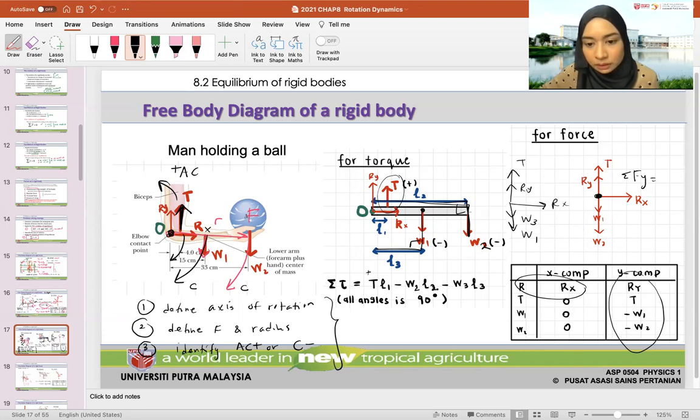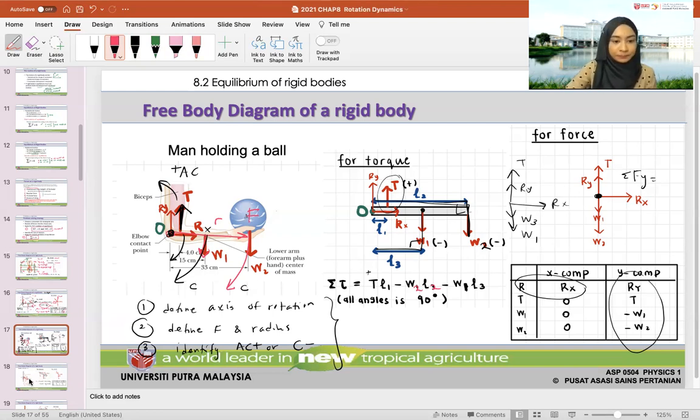W2, L2. W1, L3. This one. Okay. Let me try this. Right? W1, L3. W2, L2. Tension with L1. Okay, correct now. So there's a small mistake here. Sorry. Good eye. Let me write this. This is W1, L3, W2, L2. Okay.